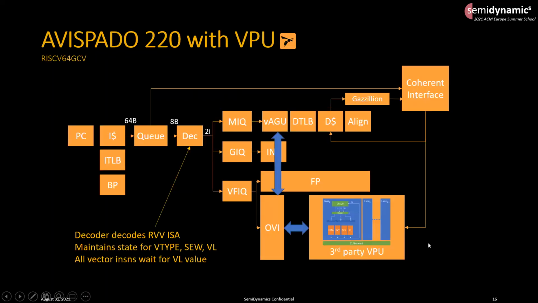Here's how an Avispado 220 with a VPU would look. The pipeline is the same as I explained so far, so no major changes. Obviously, in the decoder, we decode the RISC-V ISA, and the decoder does quite a bit more. It maintains state for three very important registers in the vector specification: vtype, standard element width and vector length.